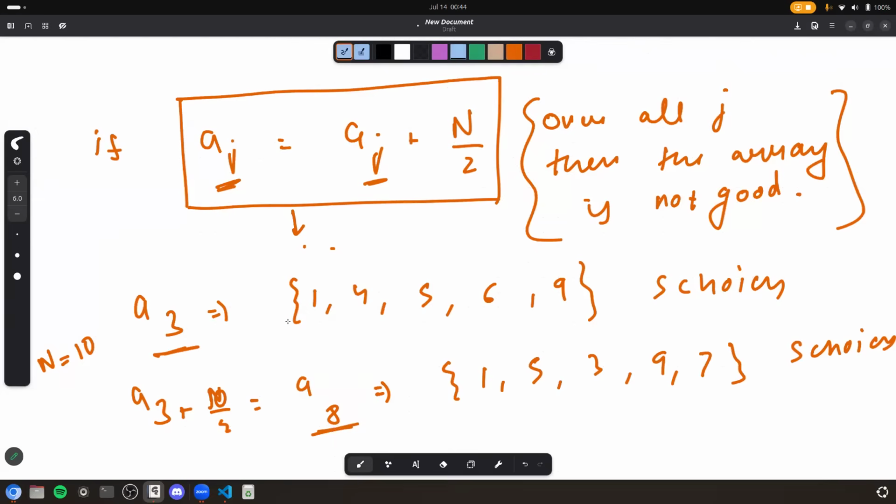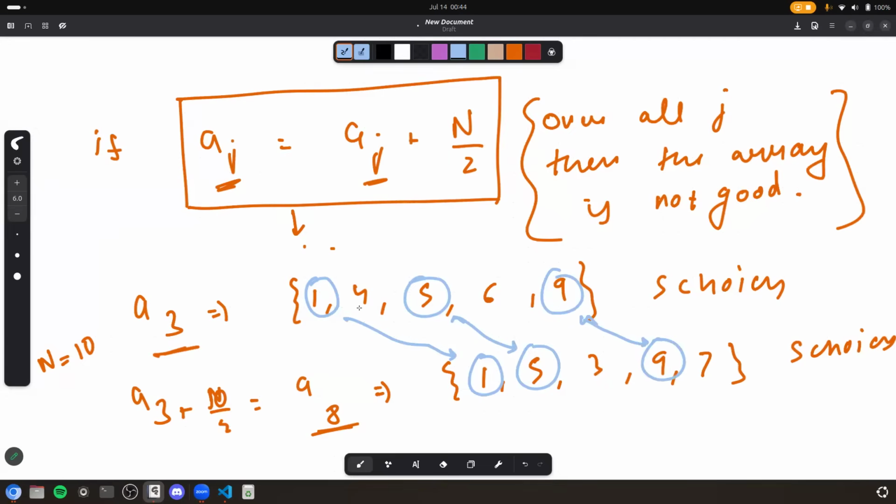So I need to select the values such that these are equal. If I select 1 here, I'll need to select 1 here. I cannot select 4 here because 4 is not possible there, I can select 5 here and I'll need to also select 5 there. 6 again I cannot select since 6 is not here. 9 again I can select.